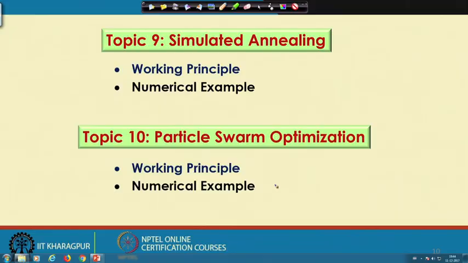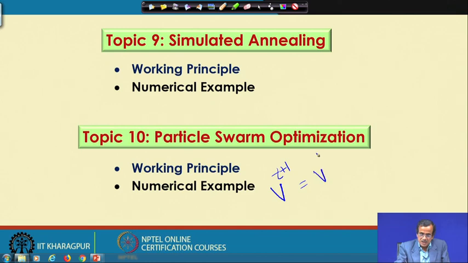Now, what we do here is we try to update the velocity. Supposing the velocity at the t plus 1th iteration, we find the velocity at the tth iteration multiplied by the weight, that is w.